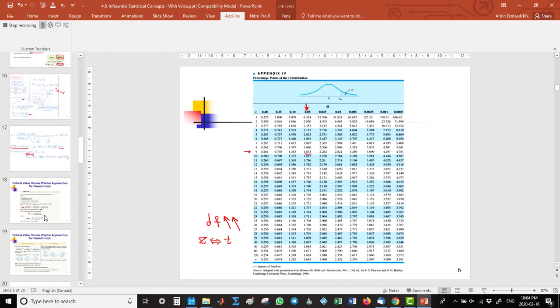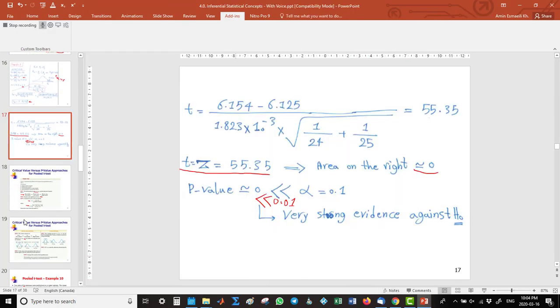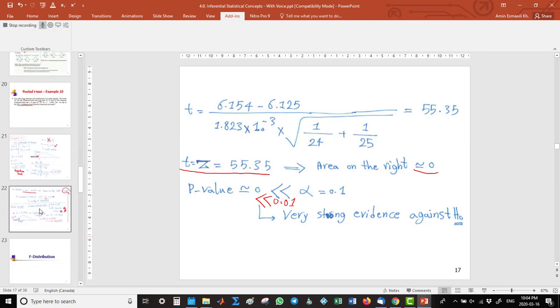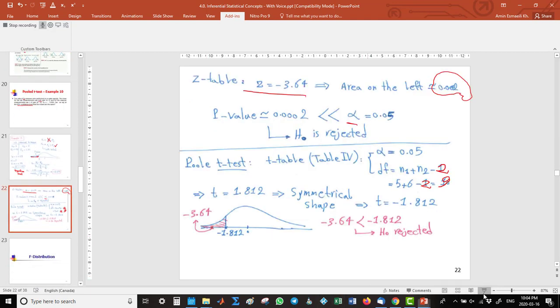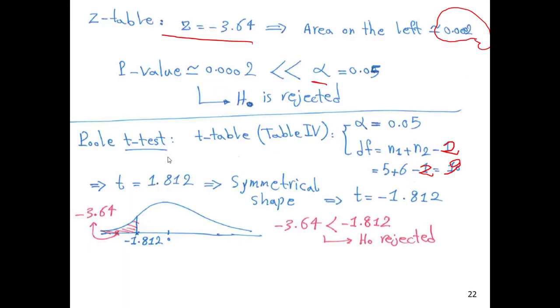So this is my t here. As I said, I found this t here.